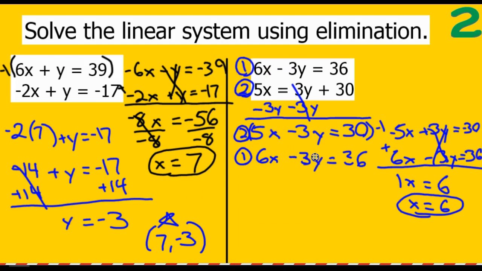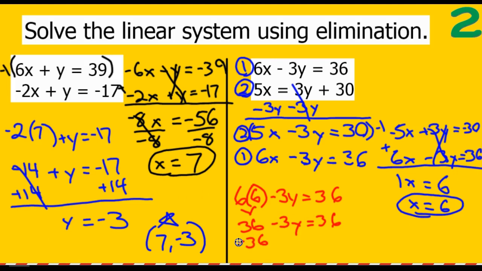Now take that 6 and put it in any of our equations. So we could put it in this one. So 6 times 6 minus 3y equals 36. 6 times 6 is 36. Minus 3y equals 36.